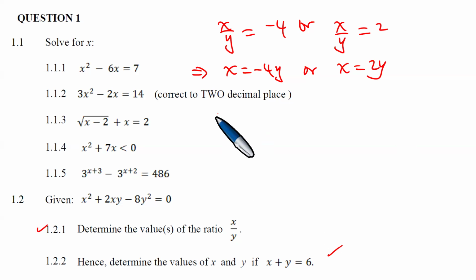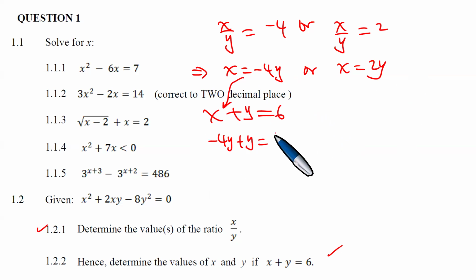equation. So we have x plus y equals 6. We then say, for instance, we want to get the value of y. So we can take this one and plug into this, which means that wherever there is x, we put minus 4y plus y equals 6.